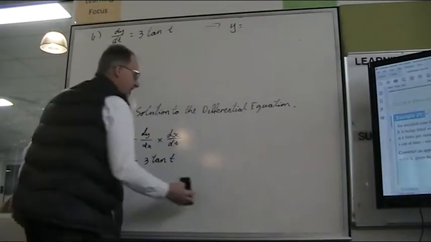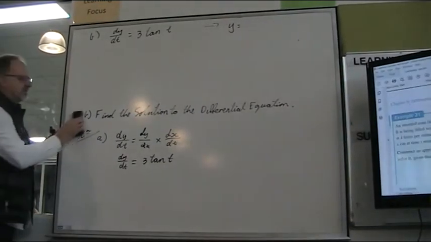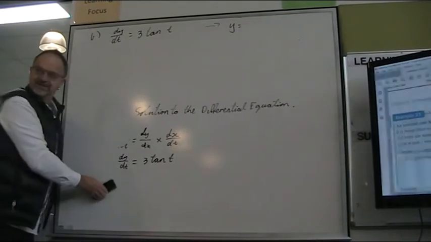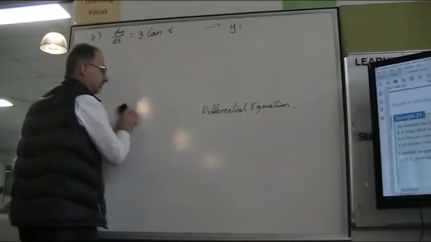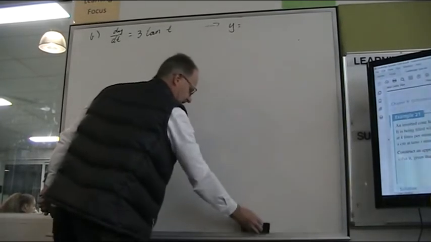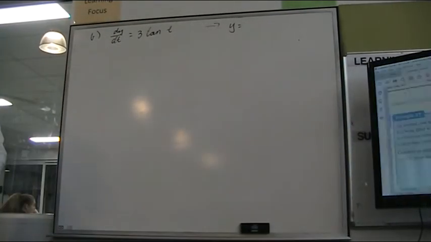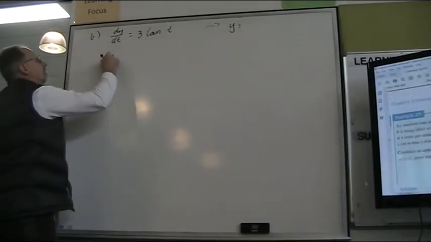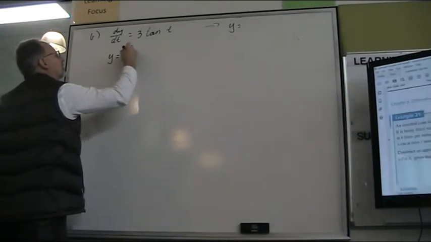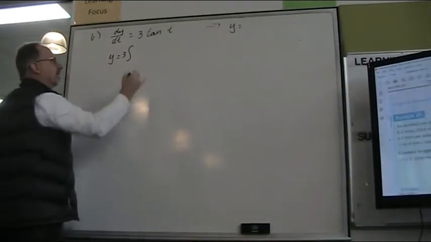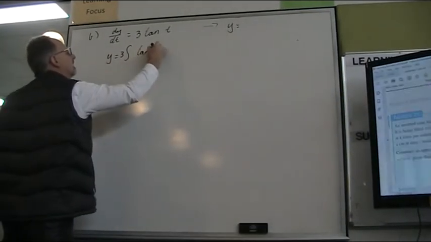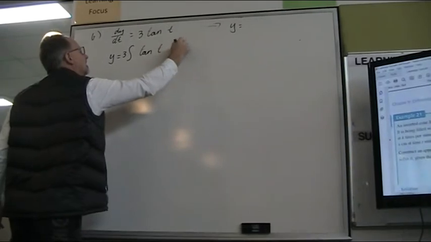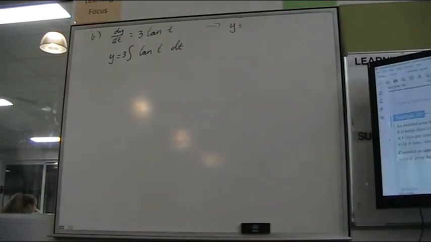So to get y equals, what might we do? Anti-differentiate, yep. And we're going to anti-differentiate with respect to t. So we'll have y here, and on the other side, put the 3, it's a constant, out in front, and the integral of tan t dt.